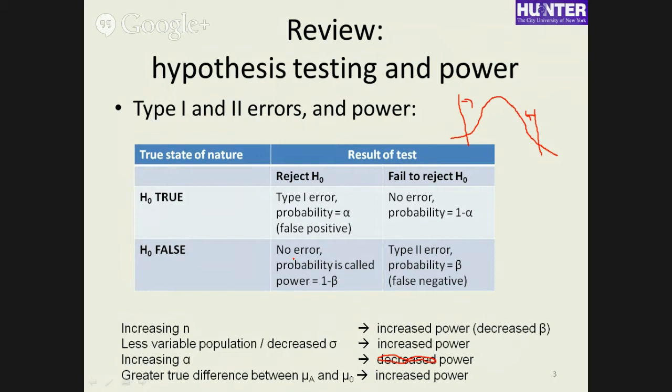They are related, but they're not the same thing. Changing alpha will change your power, but they're different things. In terms of this table, alpha protects you against spurious positives, against false positives. Power protects you against false negatives.